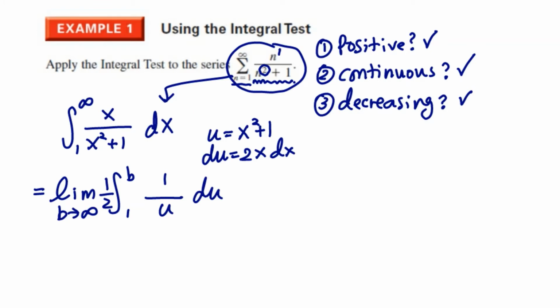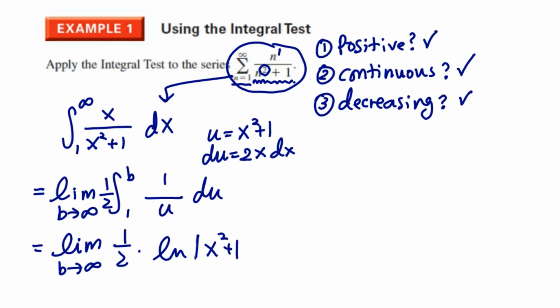So I have the limit as b goes to infinity of 1 over 2 times ln u. Instead of u, I'm going to write x squared plus 1, and we evaluate this from 1 to b.